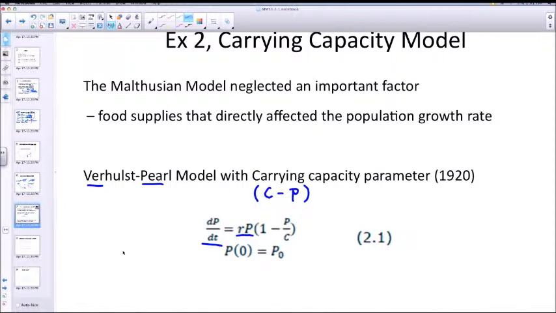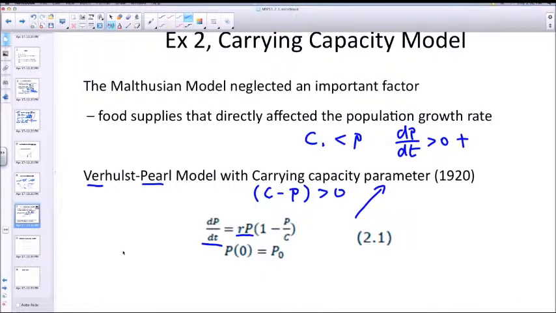Intuitively, if C is the carrying capacity and P is less than C, then C minus P is positive. You still have a positive times a positive, so the derivative is going to be positive. If the derivative is positive, you know the population still grows.